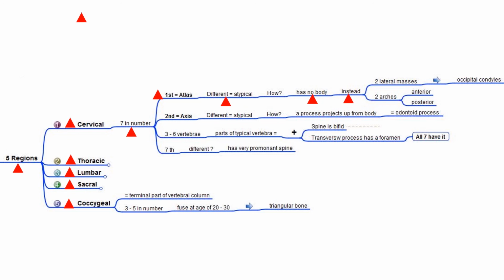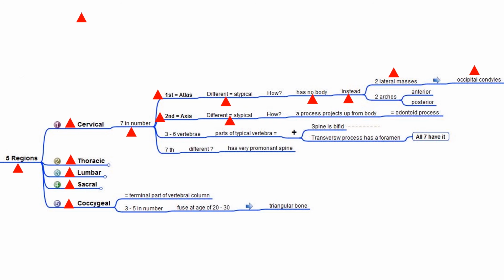How is that? That is because it has no body of a vertebra, and instead of the body, it has 2 lateral masses which are going to receive the occipital condyles.